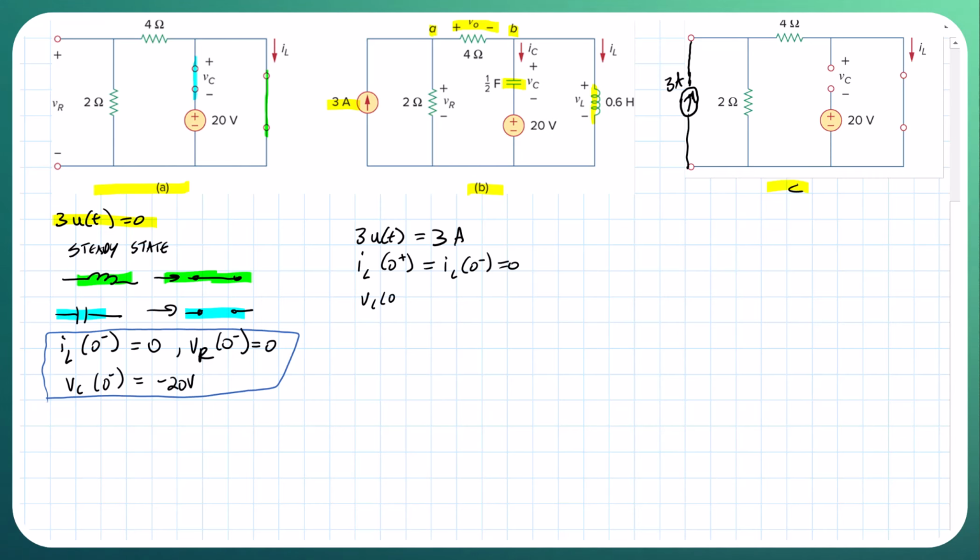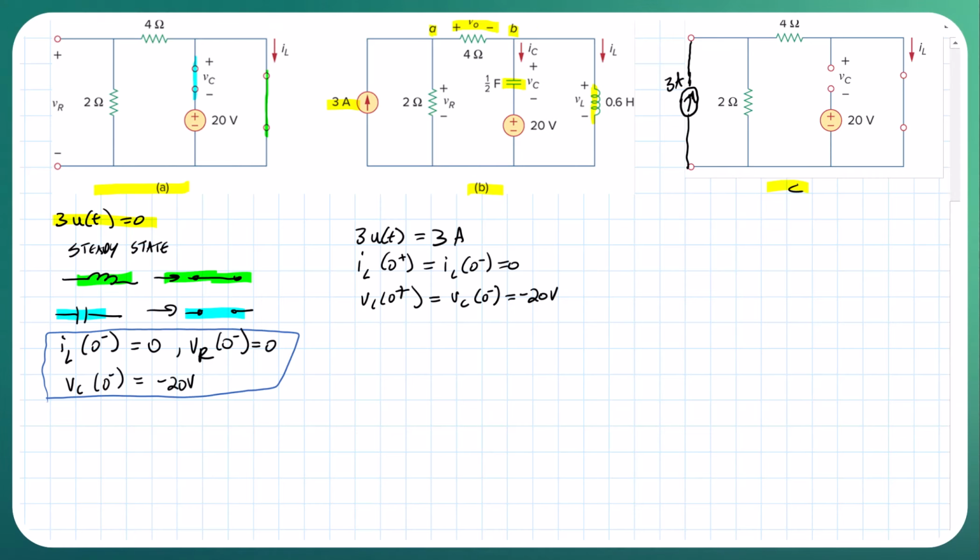Similarly, VC at 0 plus is equal to VC at 0 minus, which we said was, excuse me, minus 20 volts. Let's go ahead and fix that.